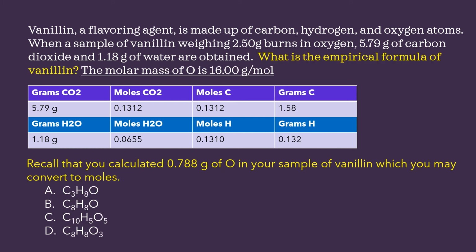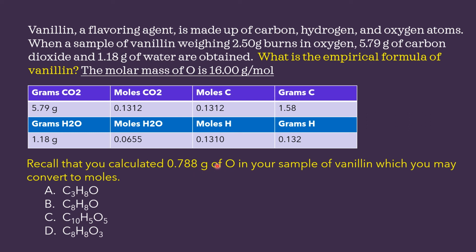Next up, we want to know what the empirical formula of vanillin is. We have our moles of carbon and hydrogen. If you did the last problem correctly, you would have figured out that you have 0.788 grams of oxygen in your sample of vanillin.